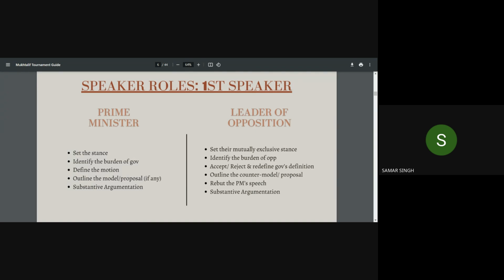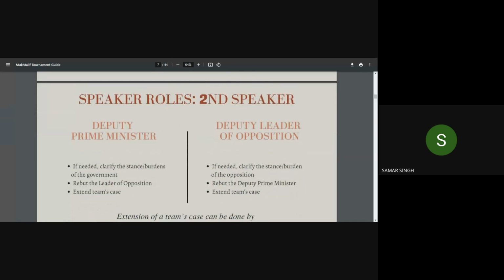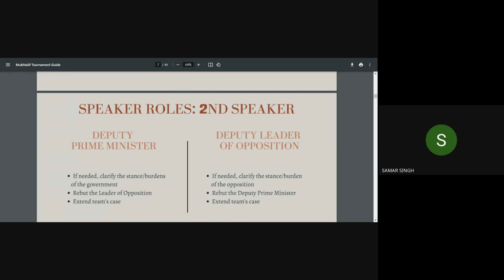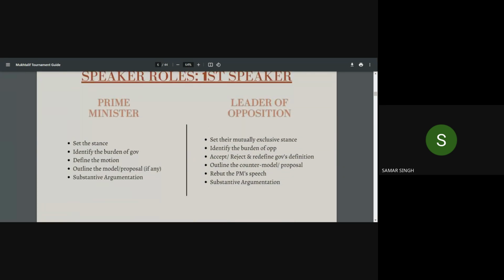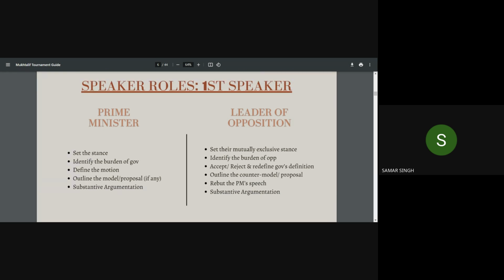So let's say while these two people are speaking, the next speaker, who is the DPM, can prepare what he is going to say. That is what spontaneous prepping means. So not every speaker is going to get 25 minutes each before his speech. The whole team gets 25 minutes collectively, and then the speeches start.